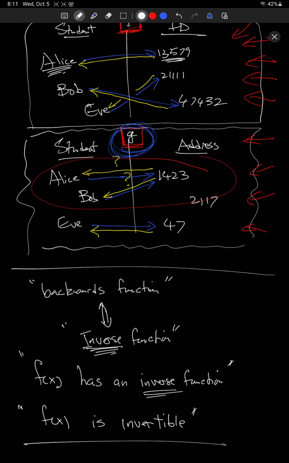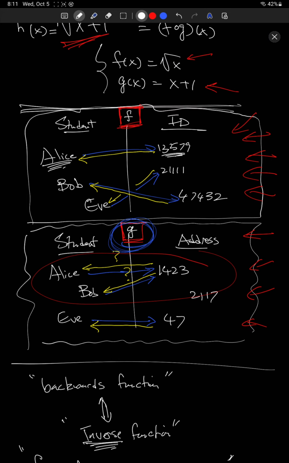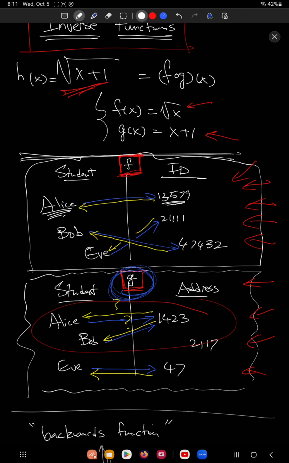All right, so let me think about this. Let me give a name. In this good case up here, the student and ID situation, we're calling f the function that has input students and outputs IDs, right? So I'm going to call h the function that goes backwards.